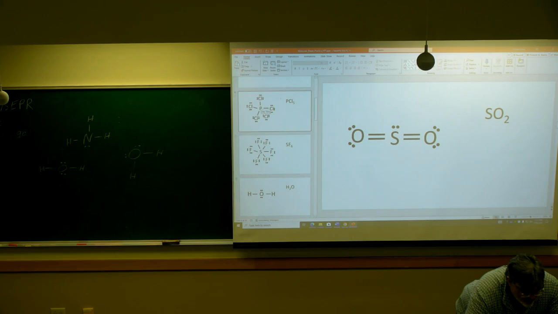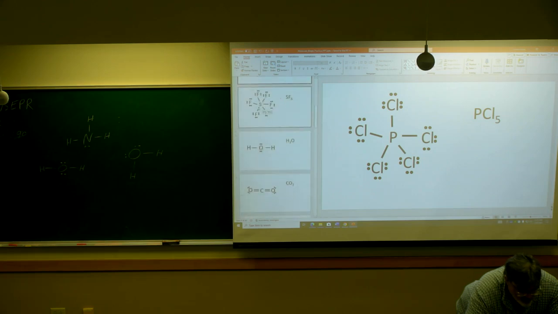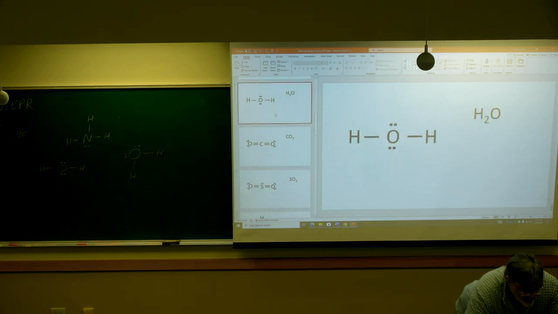This is trigonal bipyramidal / trigonal bipyramidal because it's got 5 around it. 6 around it, octahedral / octahedral. 4 around it, tetrahedral / bent. And what's the angle? Just as long as you don't say 180 degrees, because that tricks you into thinking it's 180 degrees. But it's the tetrahedral angle, the 109.5.